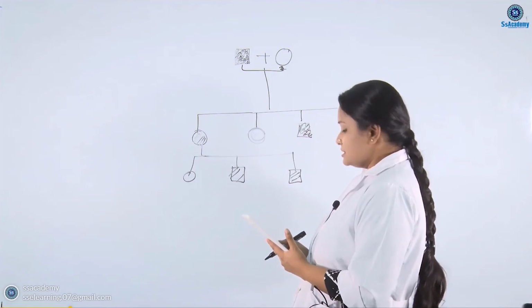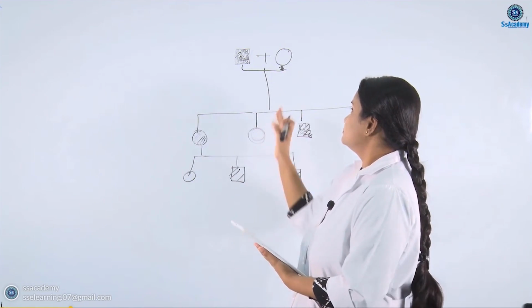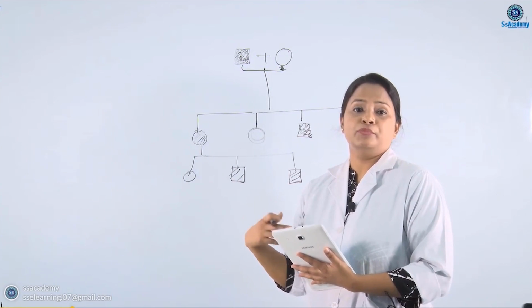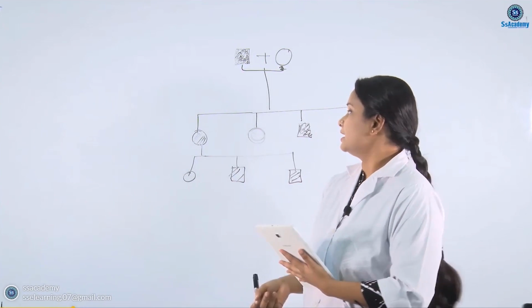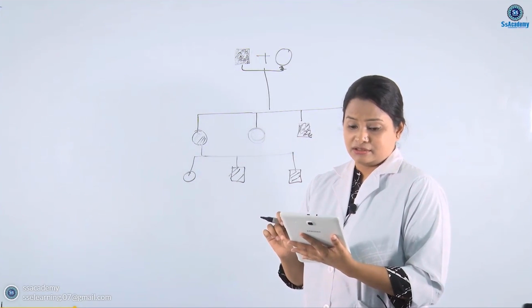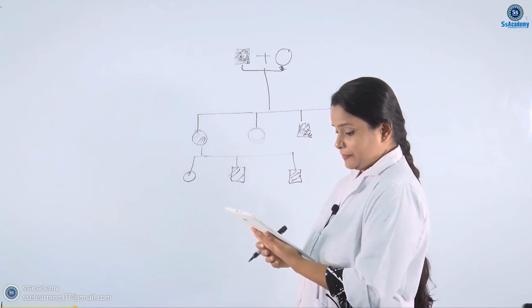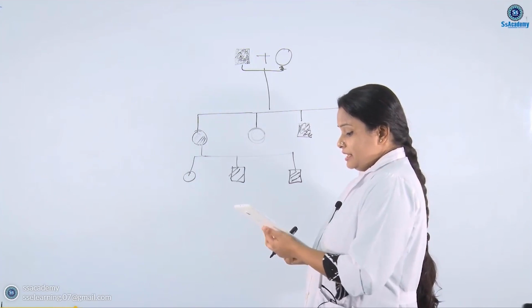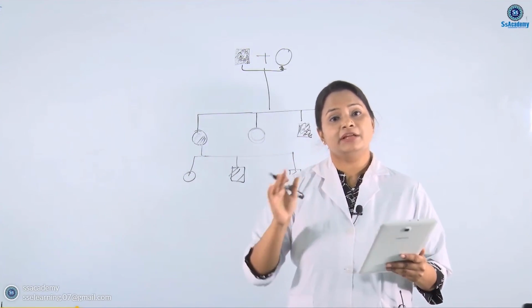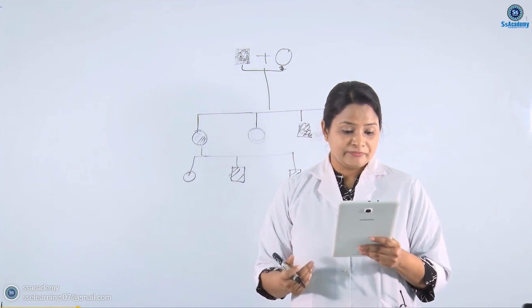In autosomal recessive, one parent can have the trait, or they can both be carriers. Not every generation has this disease. There is a skip of generation. Male and female are affected equally. Remember, in autosomal disease, male and female are always equally affected.